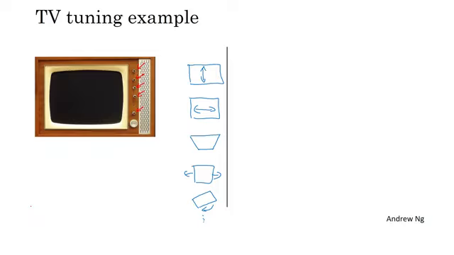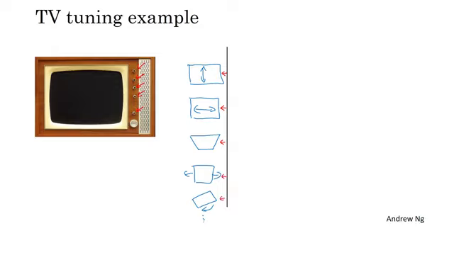And what TV designers had spent a lot of time doing was to build the circuitry, really often analog circuitry back then, to make sure that each of the knobs had a relatively interpretable function, such as one knob to tune this, one knob to tune this, one knob to tune this, and so on.